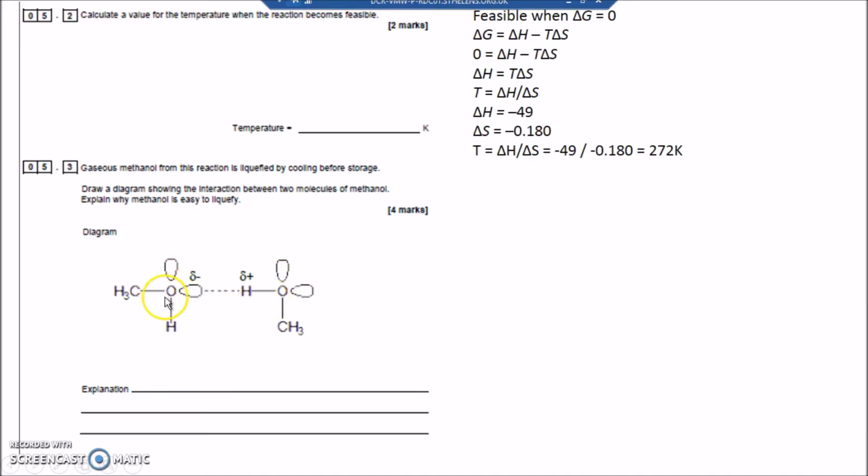Now I've drawn 2 molecules, and I've drawn the bonding pairs as these sort of lobe shapes, but you could just put a pair of electrons there and a pair of electrons here.